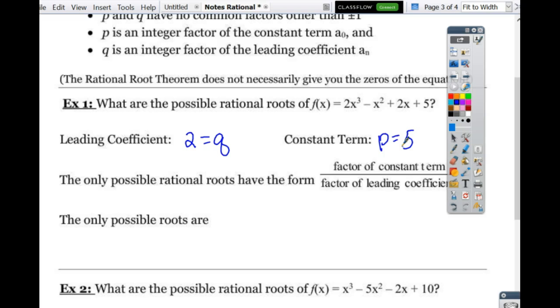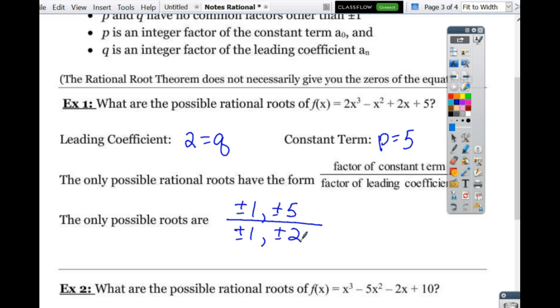We don't know if it's positive or negative, so we're going to have both. So I'm going to list the factors of the constant term. What are the factors of 5? 5 and 1. So I'm going to have plus and minus 1 and plus and minus 5. The factors of the leading coefficient, 1 and 2, right?